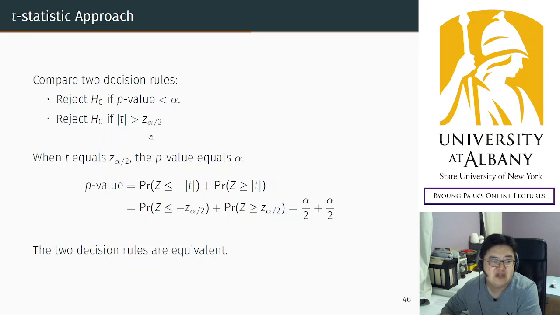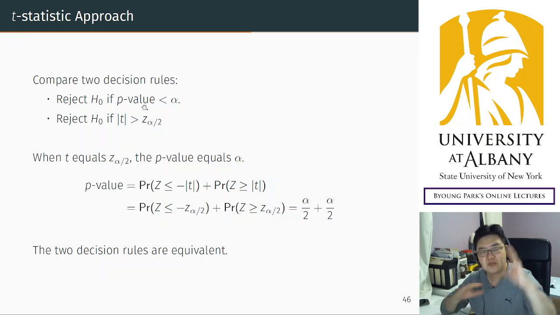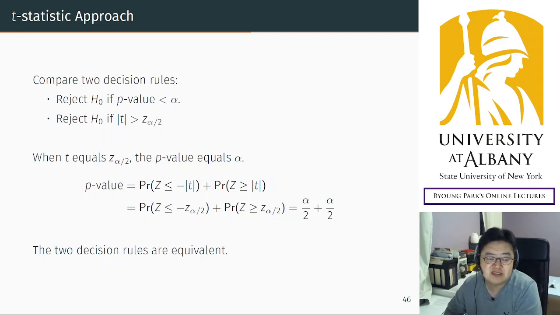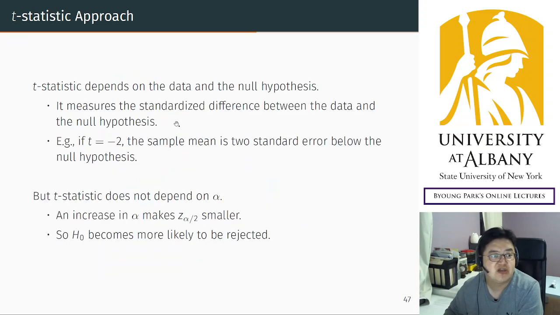Like if T-statistic equals z alpha over 2, then you are going to get p-value equals alpha. So two decision rules are satisfied as equalities at the same time, so they are equivalent, right? So it's a simple derivation.